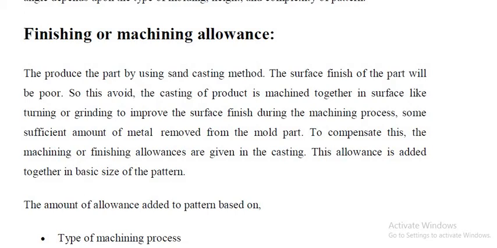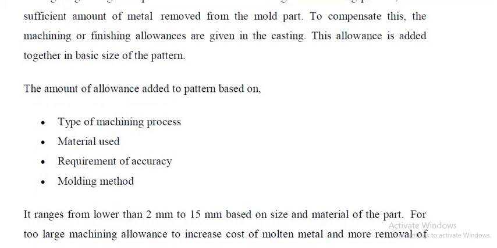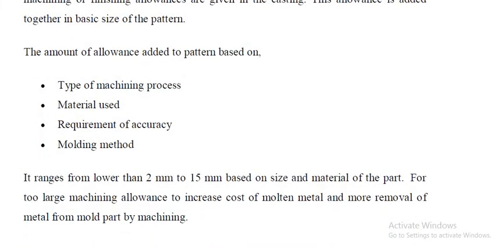The amount of machining allowance added to the pattern depends on the type of machining process, the type of material, the accuracy required, and the molding method. Generally 2 mm to 15 mm is kept as machining allowance. For large castings the maximum can be 15 mm, and for small ones the minimum is 2 mm.